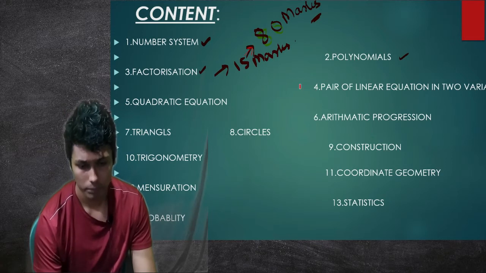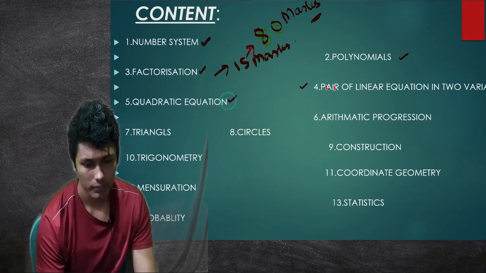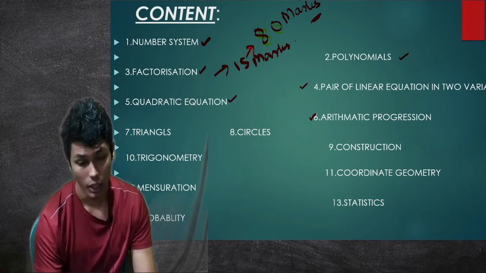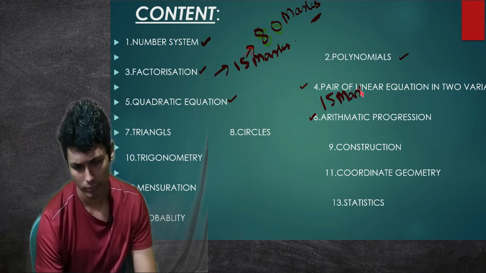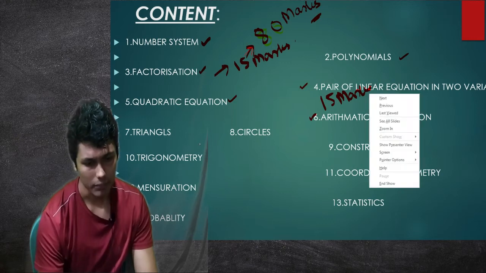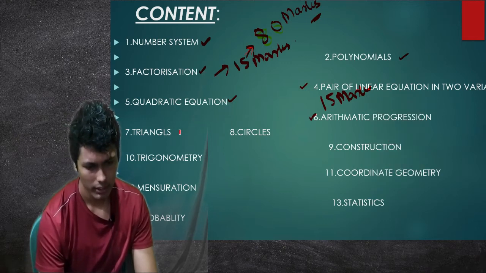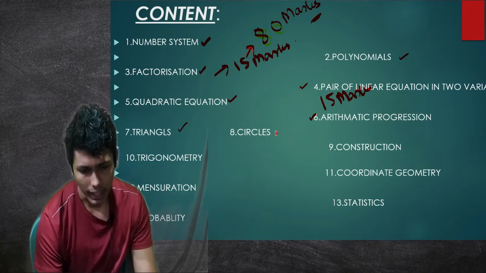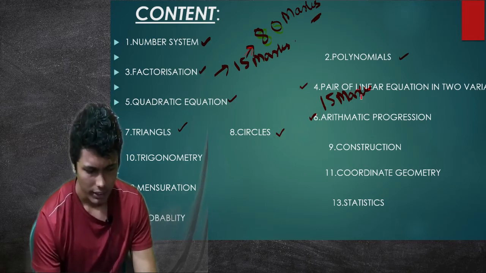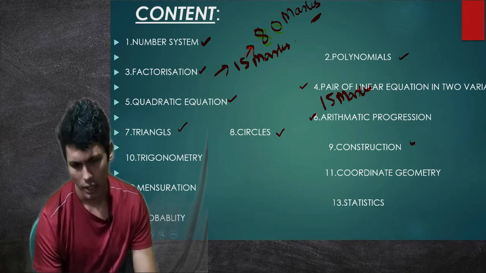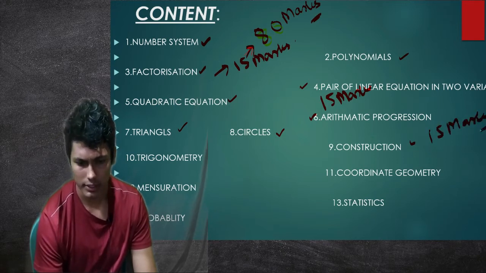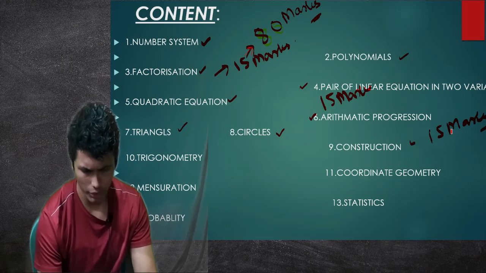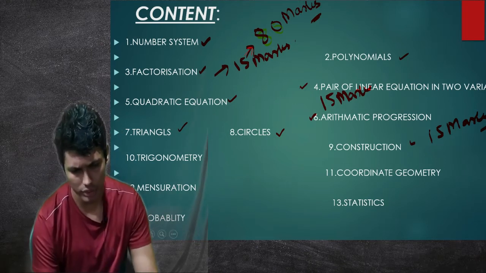Chapters 4, 5 and 6, 15 marks are asked from these. Chapters 7, 8 and 9, 15 marks are asked from these. So these are the groups of 3 chapters each, in which 15 marks of questions are asked.